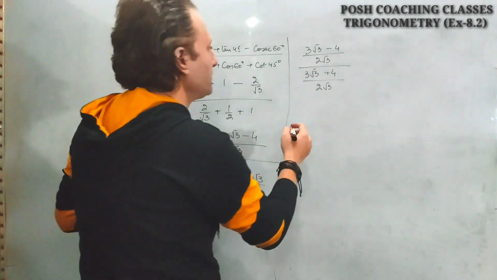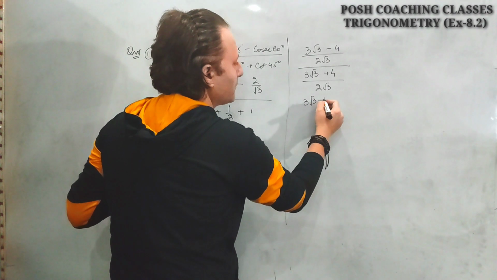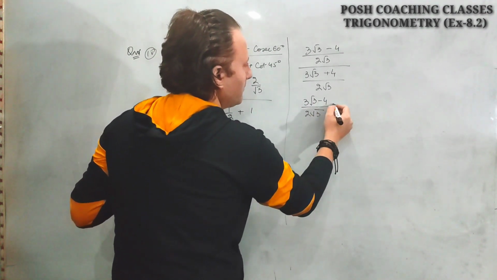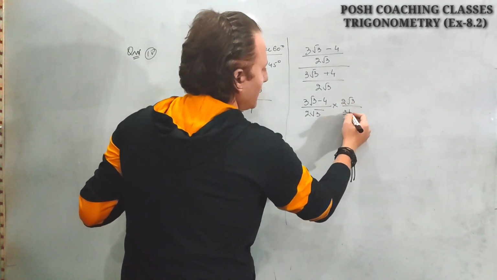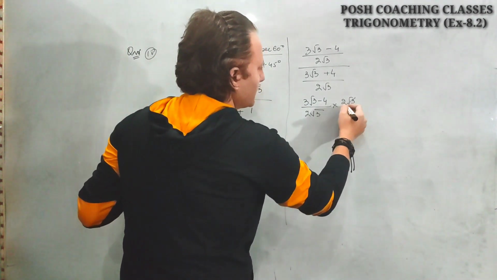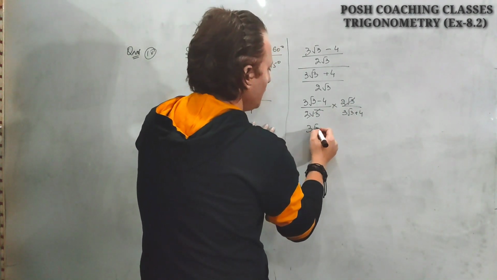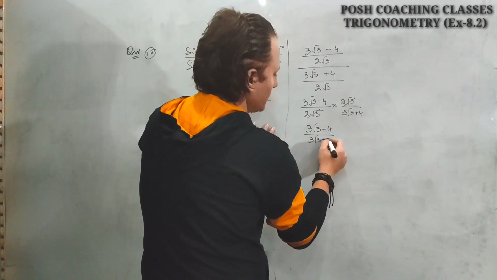Okay, reciprocating, what do we get? There's 3 under root 3 minus 4, 2 under root 3 multiplied by 2 under root 3 divided by 3 under root 3 plus 4. This and this is gone. Now we have 3 under root 3 minus 4 divided by 3 under root 3 plus 4.